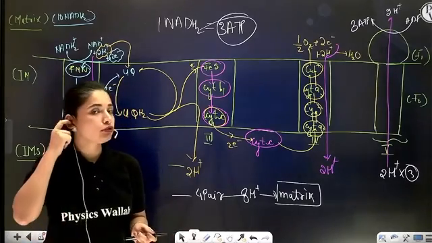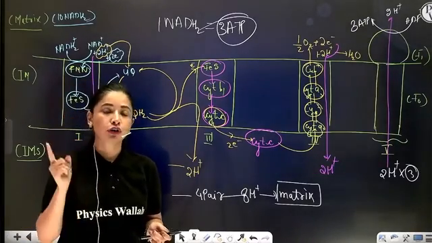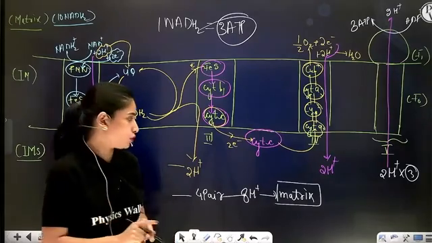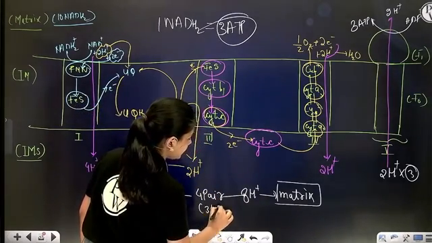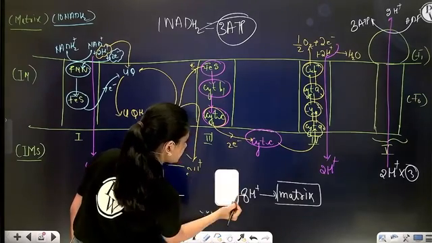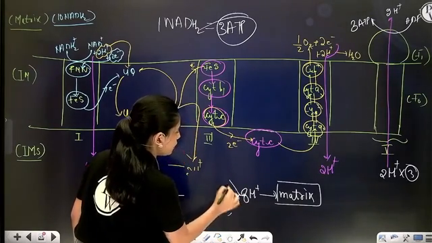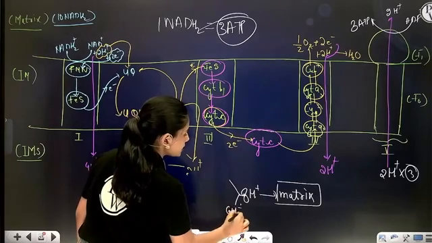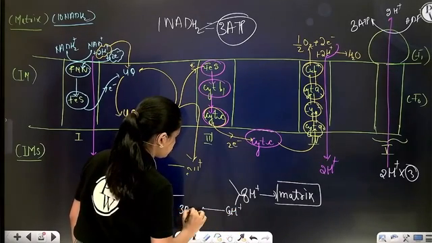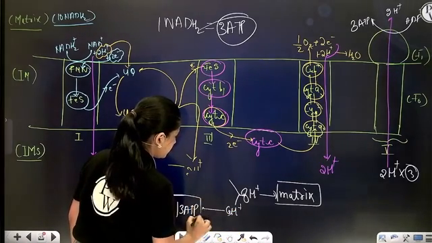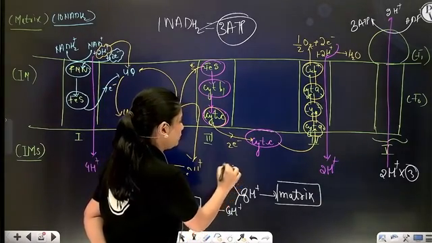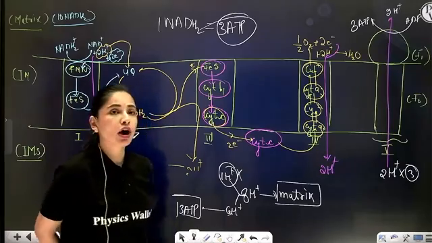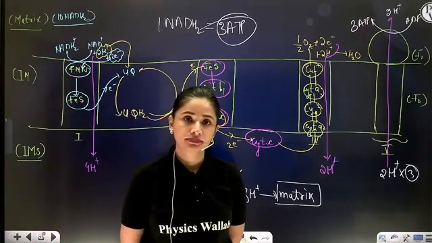So simply remember that out of 8 protons, 6 protons, that means 3 pairs, pass through the enzyme producing 3 ATP, and 1 pair of protons goes in vain. It does not produce energy.